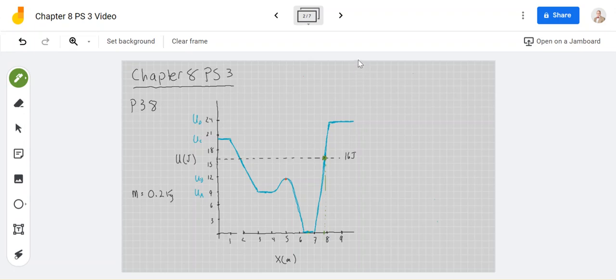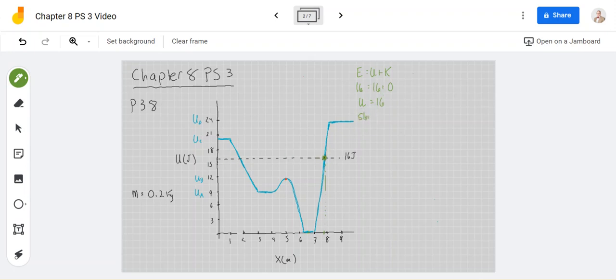Here's what I know: the total energy is equal to U plus K. And this is 16, this is 16, and this is 0. So if I want to find out where U is equal to 16 here, where that is, the first thing I'm going to need is the slope.